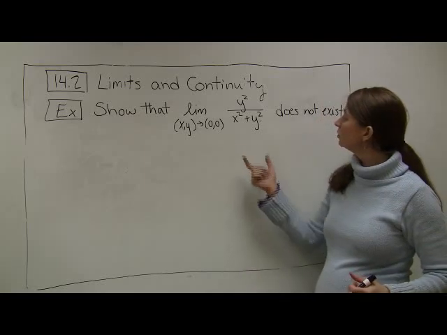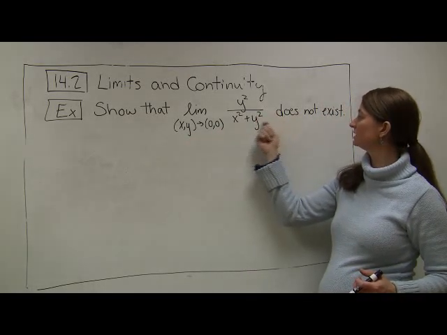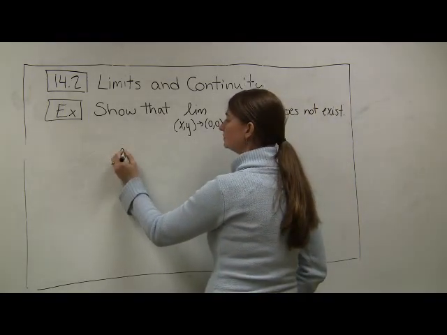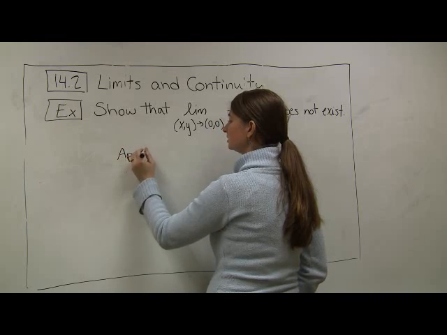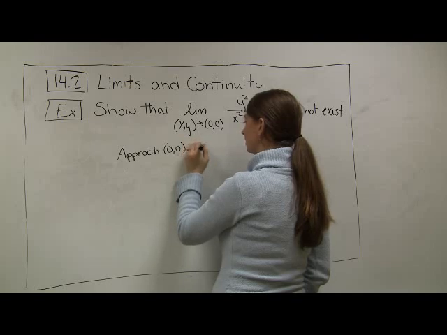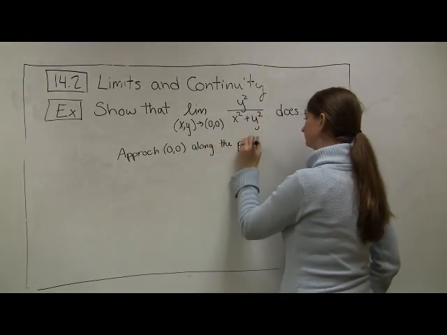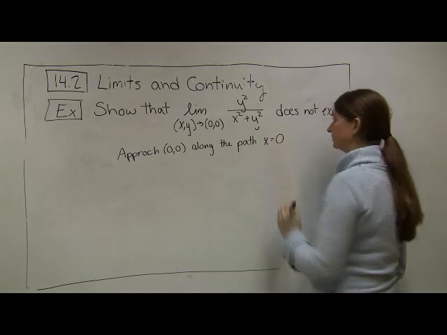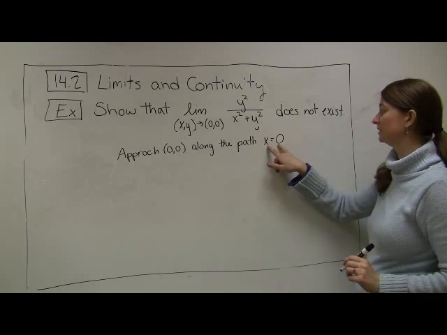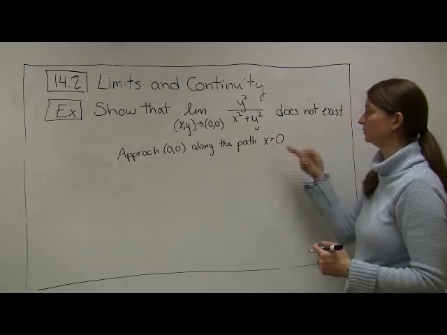So let's examine algebraically what it means for these to approach this along different paths. So for example, my first try, we're going to approach the point (0, 0) along the path x equals 0. That means that I'm going to replace my x value with 0, because I'm moving along the path where x is always exactly equal to 0.